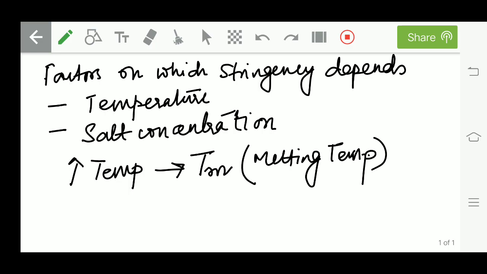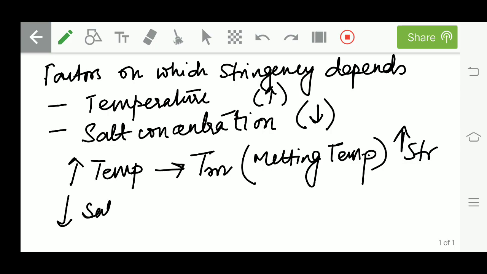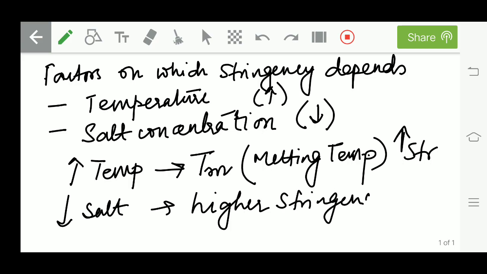If you have low salt concentration, then again you have a higher stringency. So these are the two factors on which stringency depends.